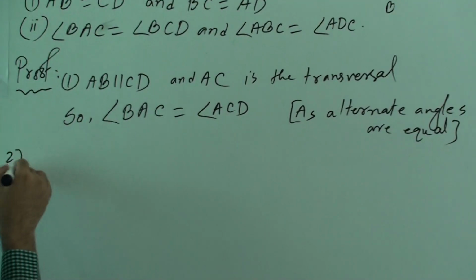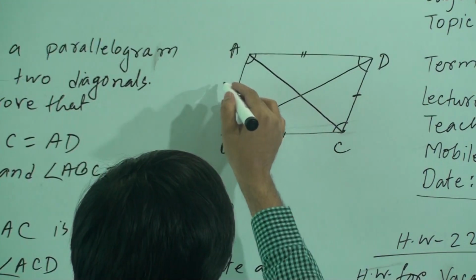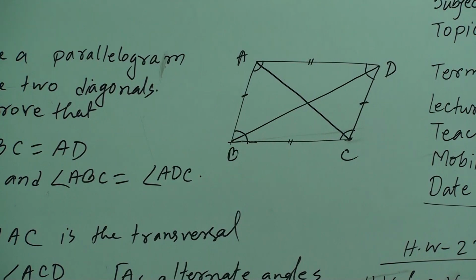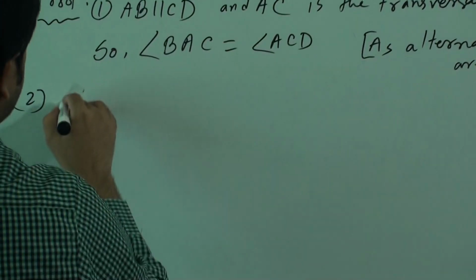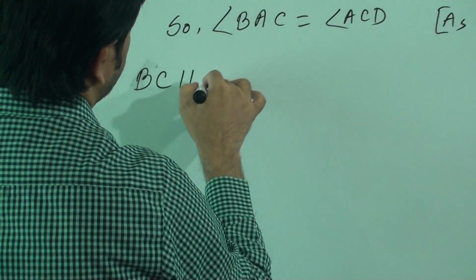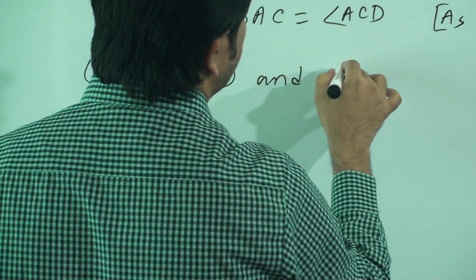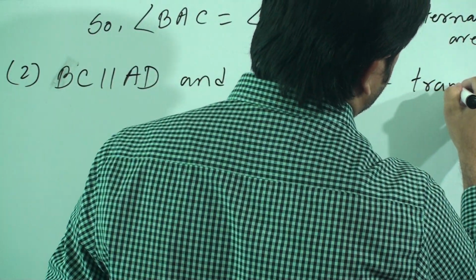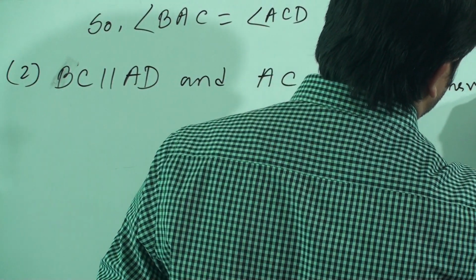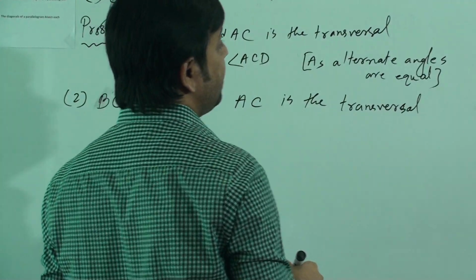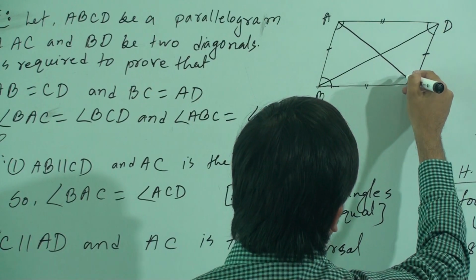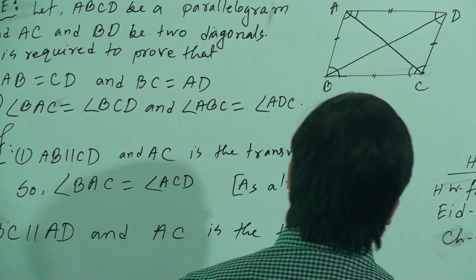Okay, now step 2. In step 2, we can say BC parallel to AD, and AC is the transversal. As BC and AD are parallel, these two angles are also alternate angles.